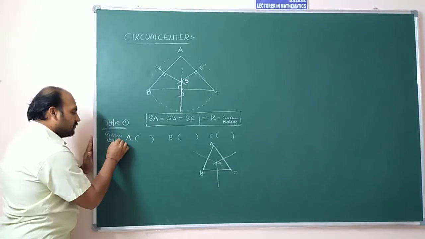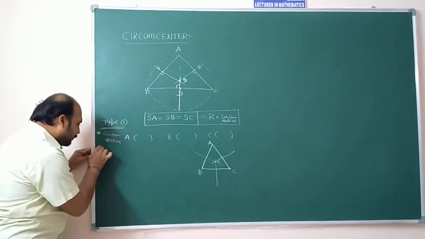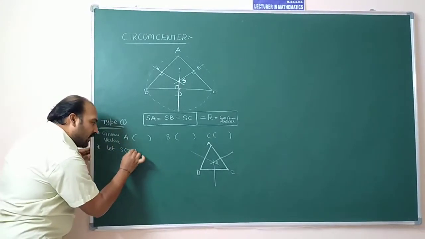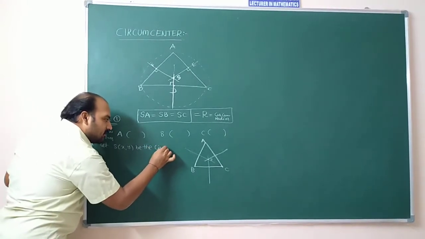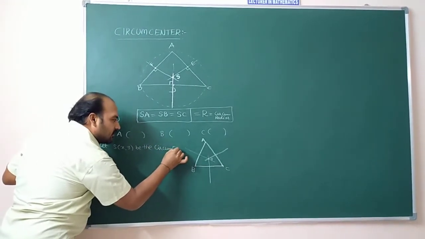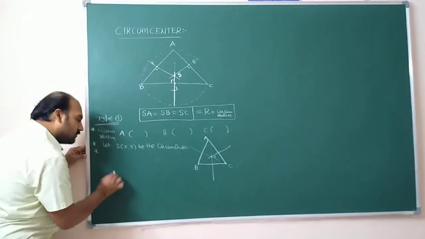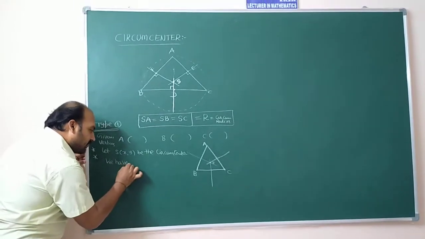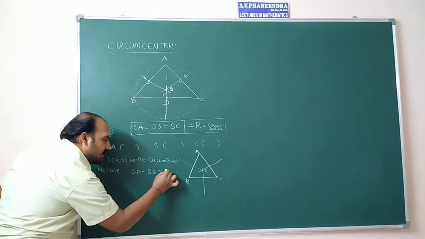First step, given vertices. Step 2, let S of x comma y be the circumcenter. After that, by definition, we have SA is equal to SB is equal to SC.